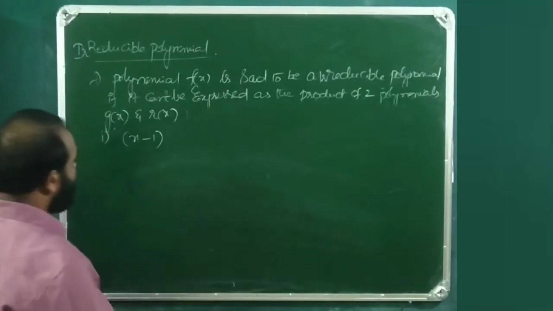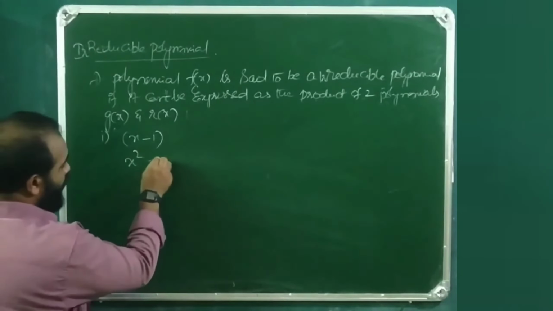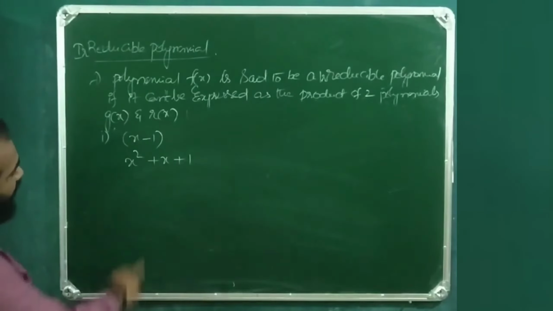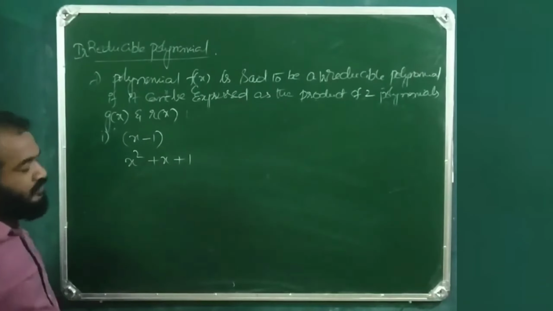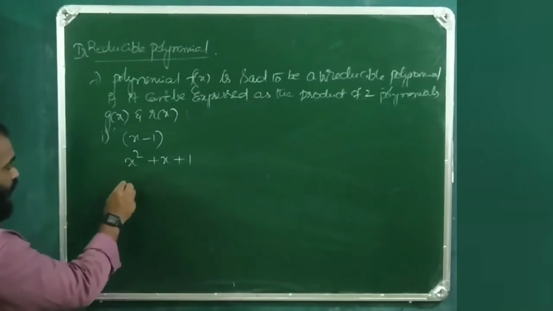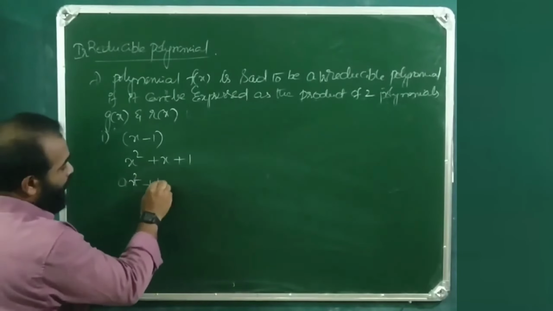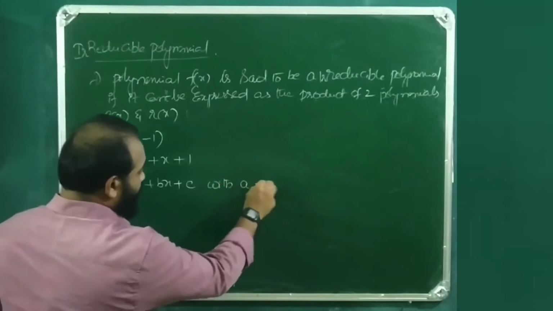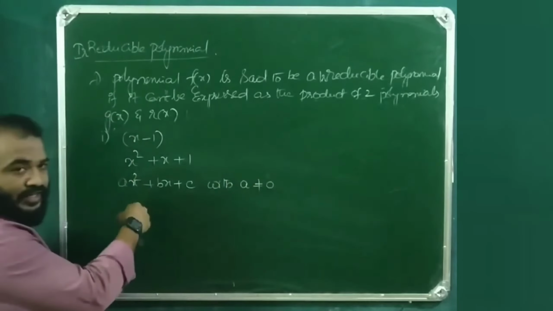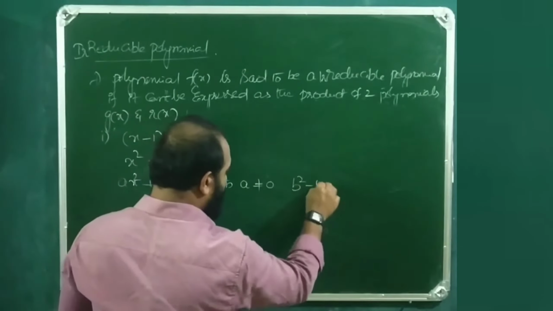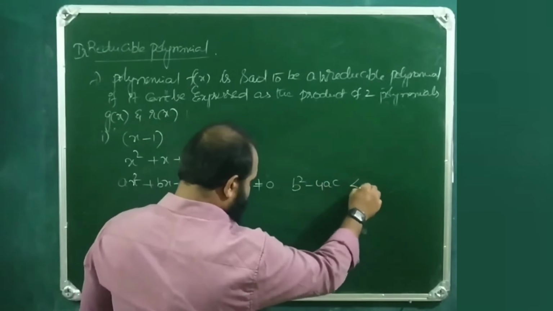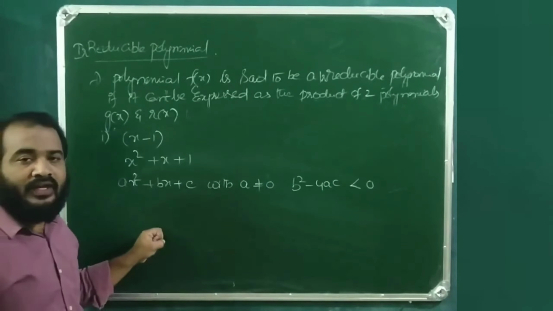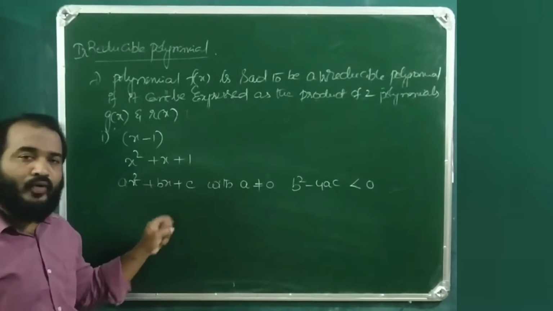And see this, x square plus x plus 1. It is of the form ax square plus bx plus c with a not equal to 0. If its discriminant b square minus 4ac is less than 0, then that polynomial is said to be an irreducible polynomial.